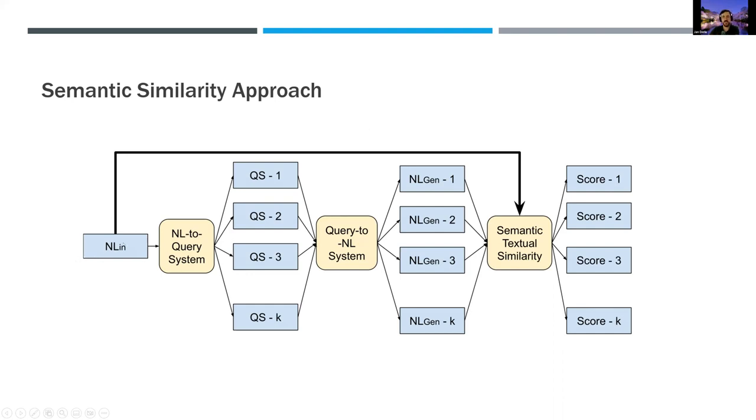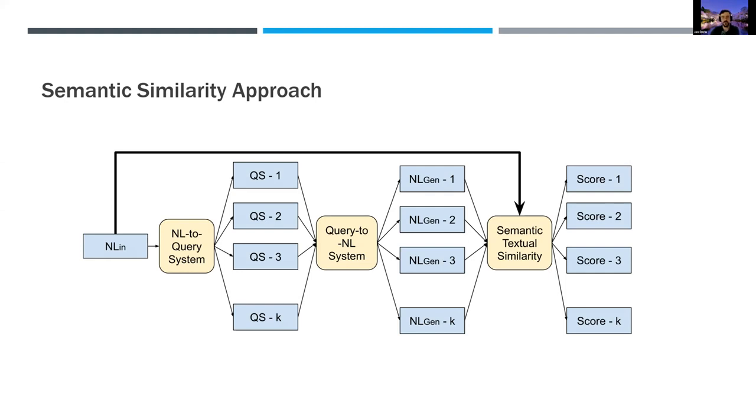What we are checking is: the query that has been generated and then back translated, is the back translation on the semantic level the same as the input? This gives us a semantic score, which helps us to get more insights.